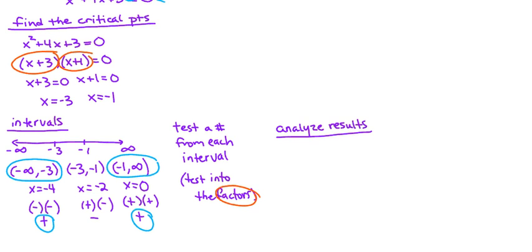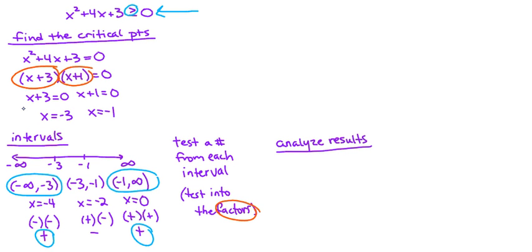Now what about the equal to 0 part? It was greater than or equal to 0. That means we want to include the numbers that made it equal 0. We want to include the number -3 and include the number -1 in our answer.